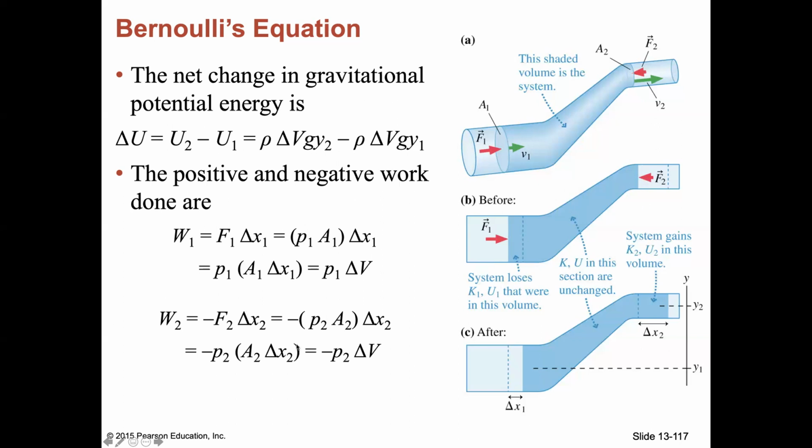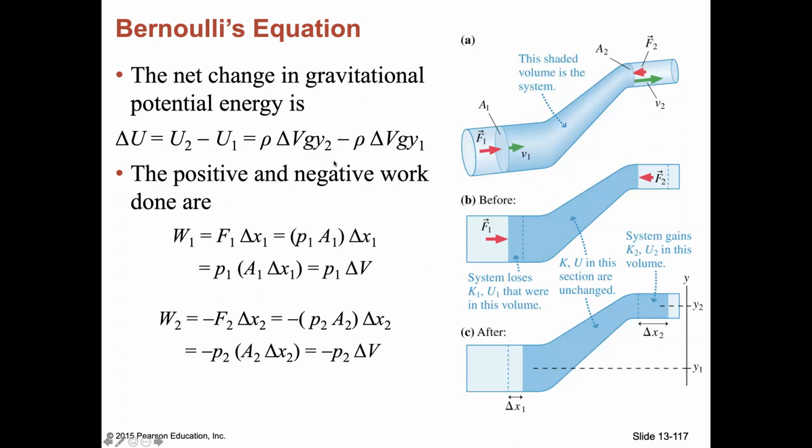Again, F2 equals P2 A2, because force equals pressure times area. Then we can reorganize it, because A2 times delta X2 is the volume here. So it results in negative P2 delta V.